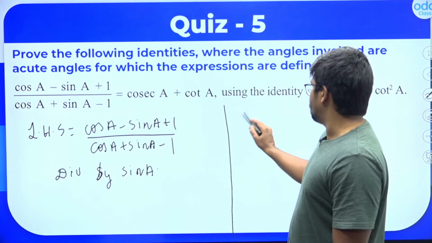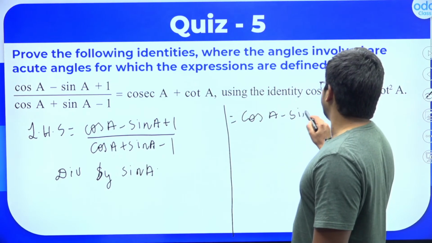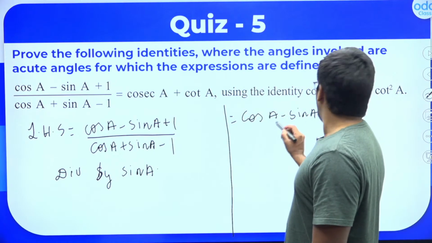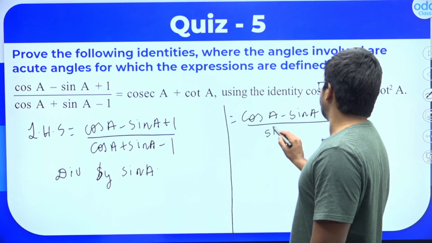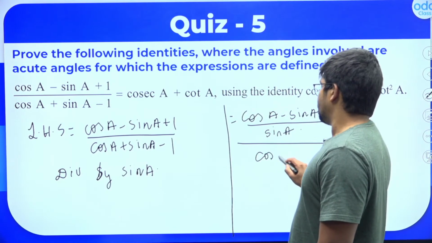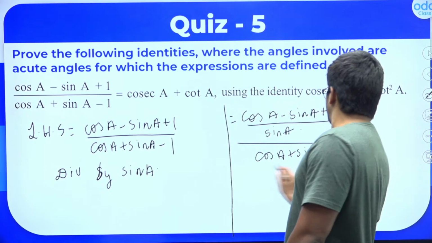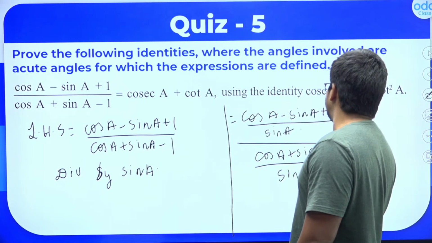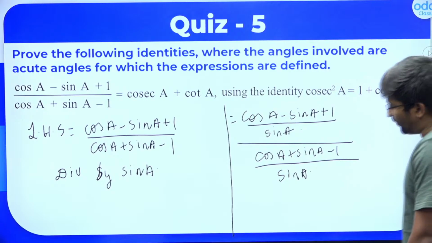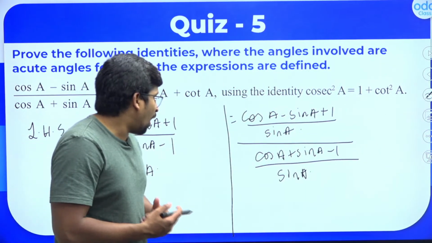This will change to cos A minus sin A plus 1 whole divided by sin A, and this whole thing is divided by cos A plus sin A minus 1 whole divided by sin A. So basically what I did, I divided the numerator and denominator by sin A over here. Now what can you do?